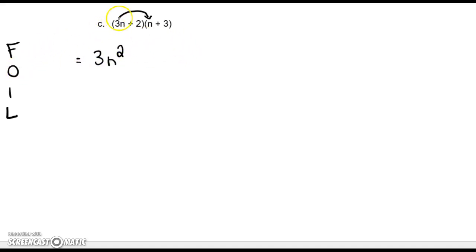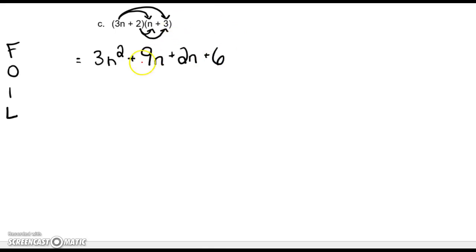O stands for outside, so I'm going to go 3n times 3, which is positive 9n, so I'll separate that with a plus sign. I stands for inside, so we have 2 times n, which is positive 2n. And then L stands for last, so we go 2 times 3, which is positive 6.